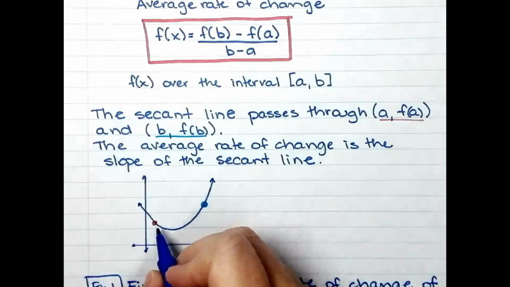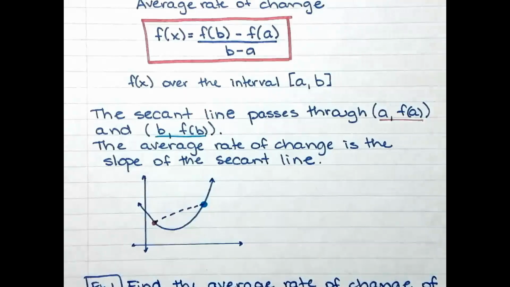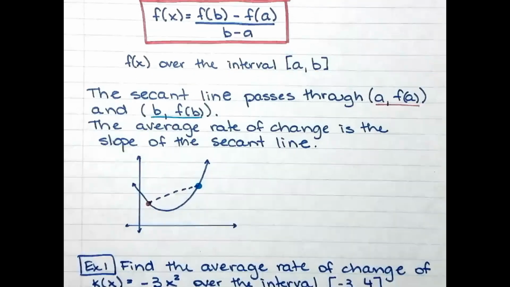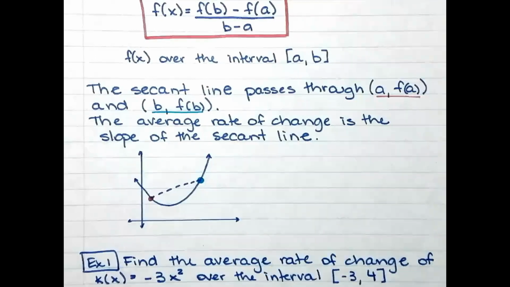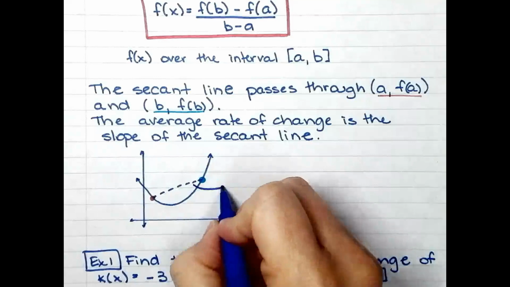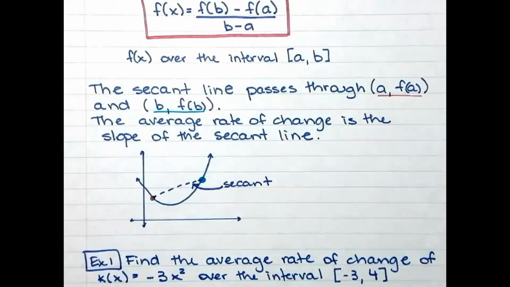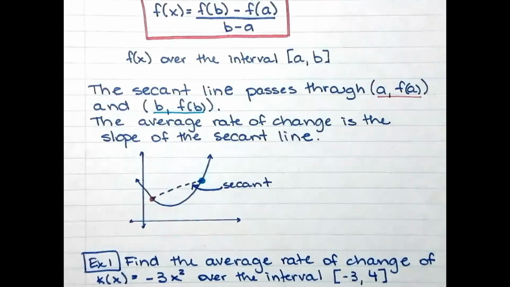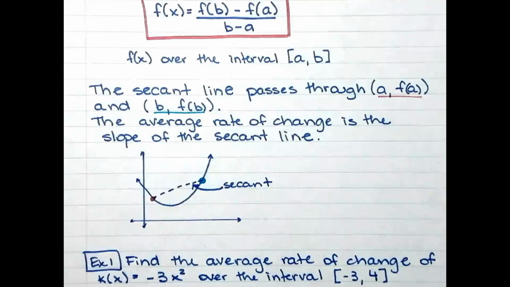And I'm going to draw my secant line right there. It should be more straight than that, but it's okay. We're trying to find the slope of this line. This is the secant line. So that's all that is. The rate of change is the slope of the secant line.